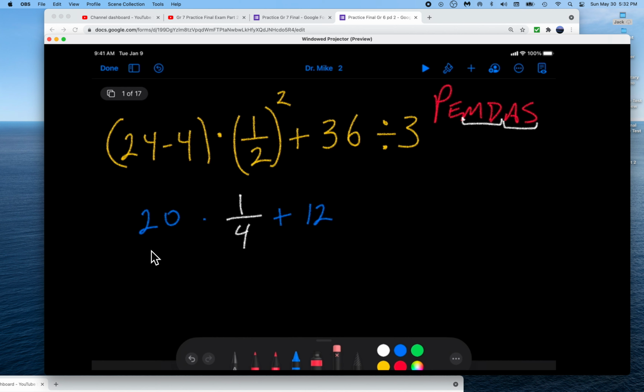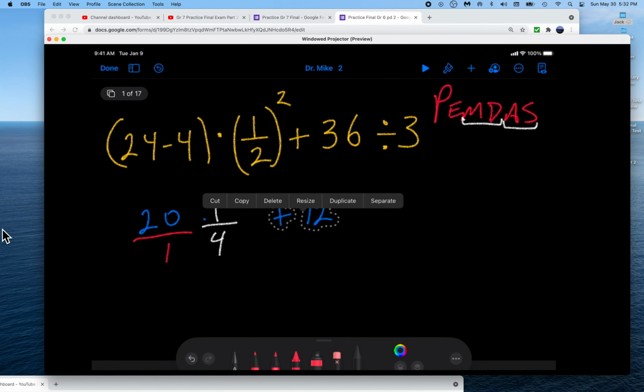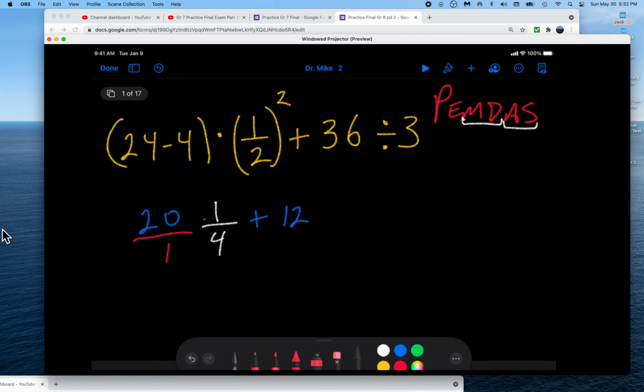Okay. So now we have this expression. So what are we going to do first here? We're going to multiply 20 times 1/4. Okay, when we do that, we bring these a little bit closer together, like that. We know we can rewrite 20 as 4 times 5.